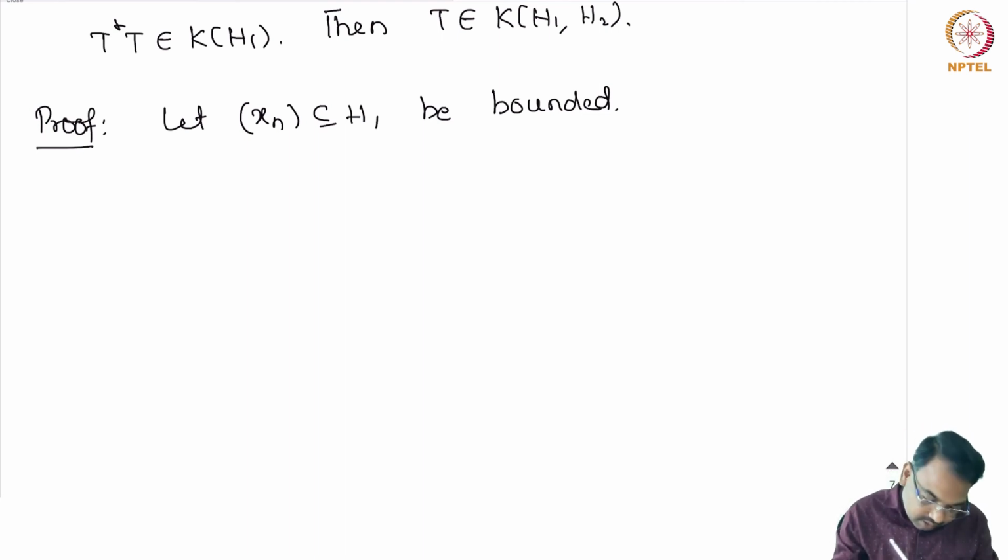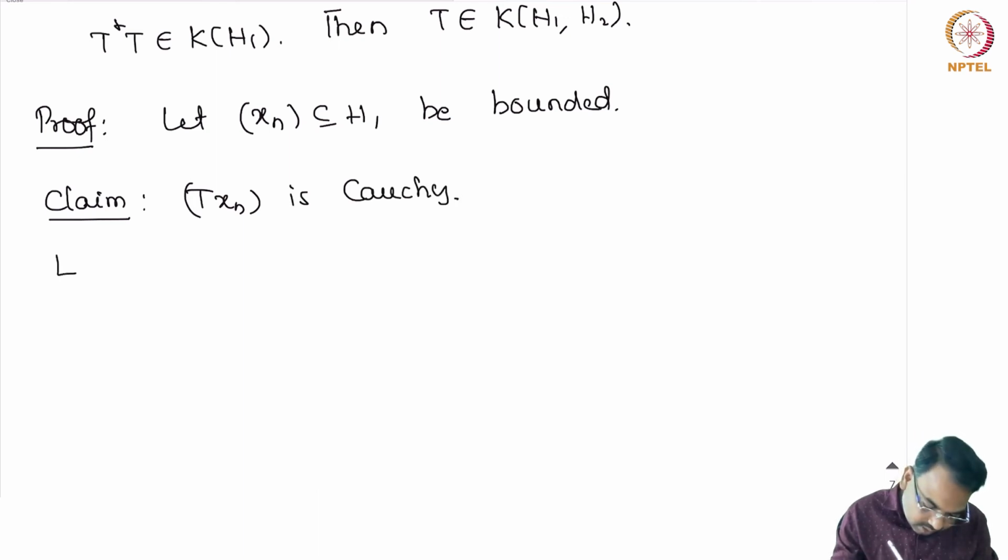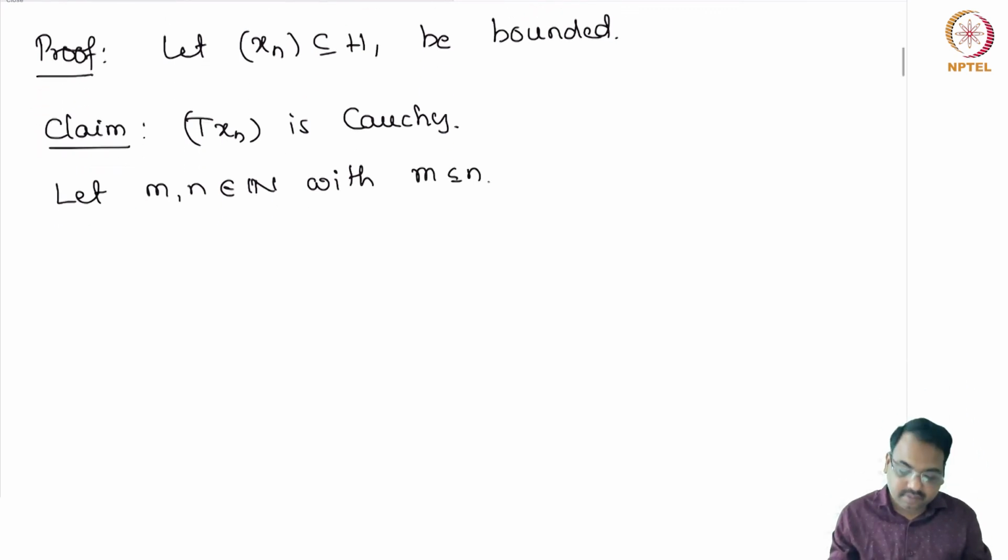So we want to show that Txn is Cauchy. Let us take m, n in N with m less than or equal to n.